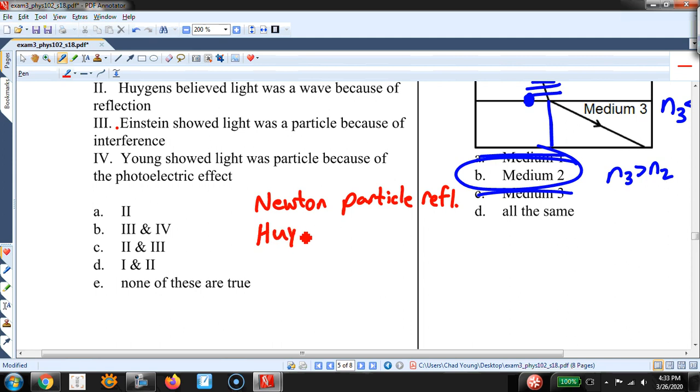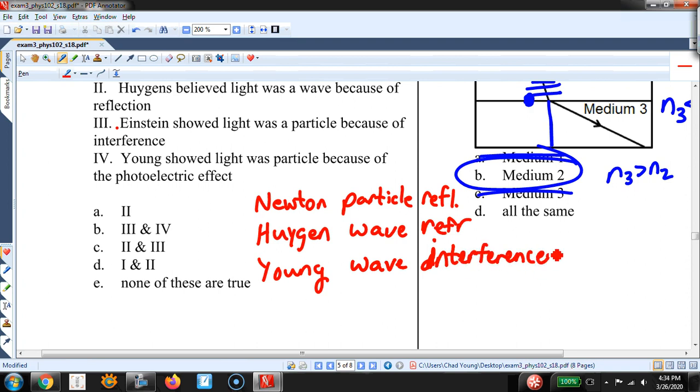Huygens thought light was a wave because of refraction. And likewise, he was reasonable. Newton and Huygens lived in the same time period. In fact, they battled over these ideas. Fast forward 100 years or so, Young, no relation, I don't think, thought it was a wave based on interference.